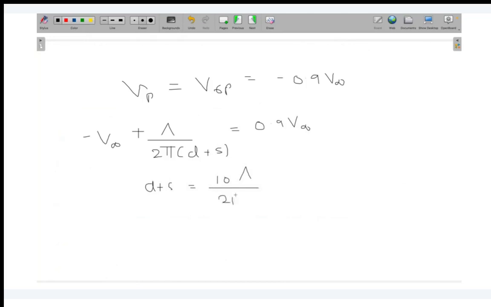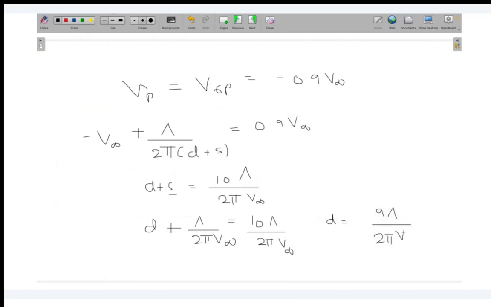And s is already known to us: s is kappa by 2 pi V infinity. Here d, if I take this to the other side, will be 9 kappa by 2 pi V infinity.